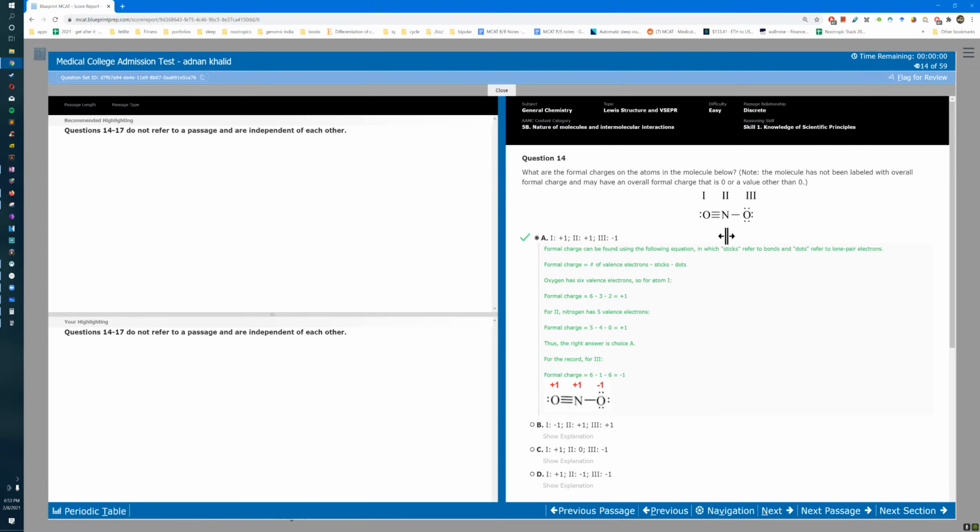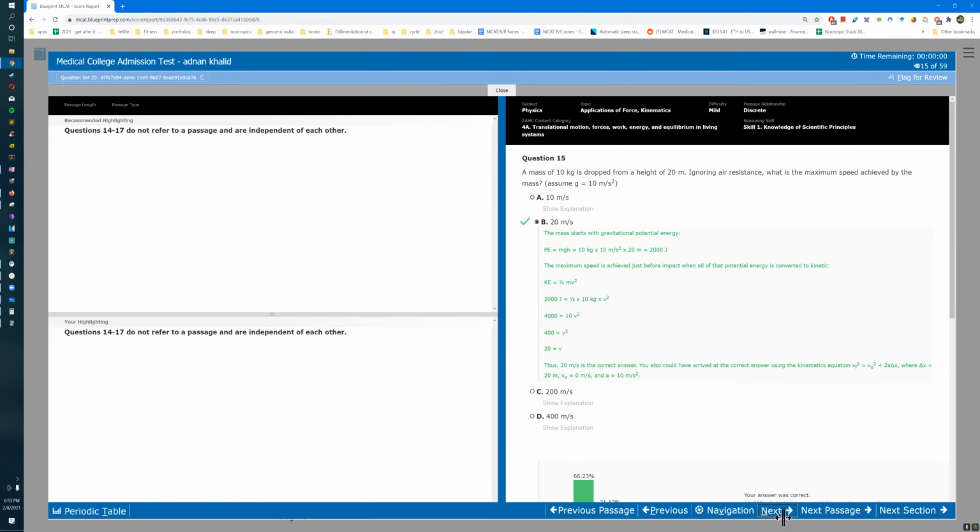So 6 minus 5 is 1, so that's going to be positive 1. Nitrogen has 5 valence electrons. It has over here 1, 2, 3, 4. 5 minus 4 is 1. So it's going to be 1 over here. Here, oxygen, again, is supposed to have 6 valence electrons. It has 1, 2, 3, 4, 5, 6, 7. So 6 minus 7 is negative 1. So it's going to be A.